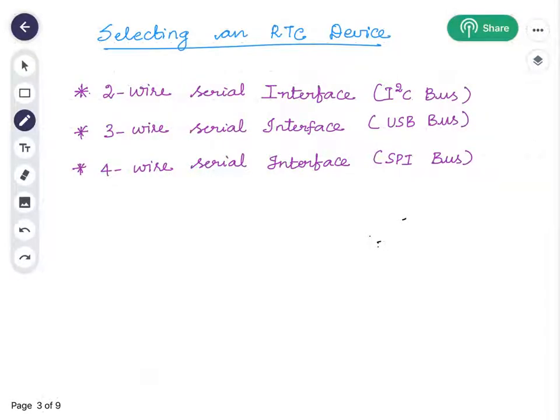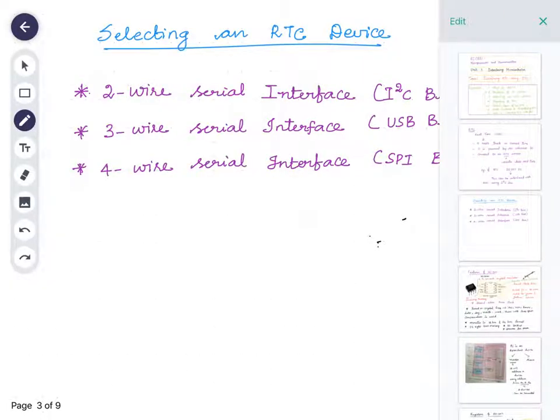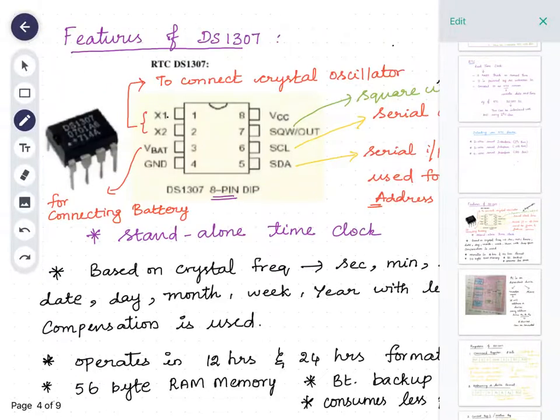Some may support 2-wire serial interface, some may support 3-wire, some 4-wire. That is, some RTC devices can be connected with a microprocessor and microcontroller only through I2C bus or USB bus or SPI bus. So we must select the device carefully.